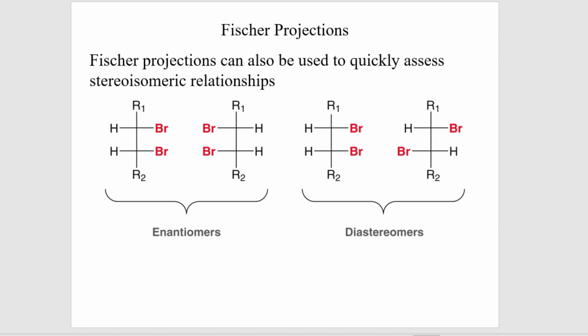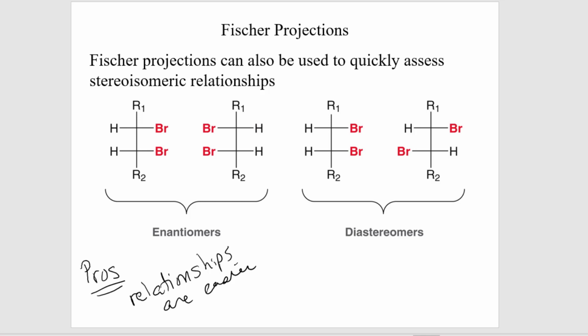And I'm first going to start by showing you that there are some advantages to using a Fisher projection. Some of the pros is that it makes determining relationships a lot easier. I think they're easier than when you have a zigzag.